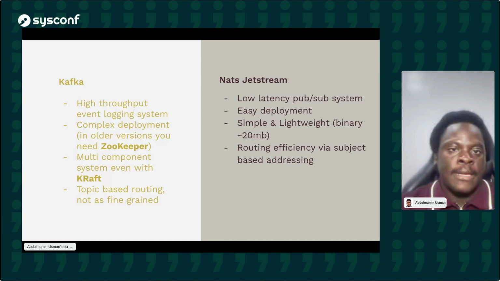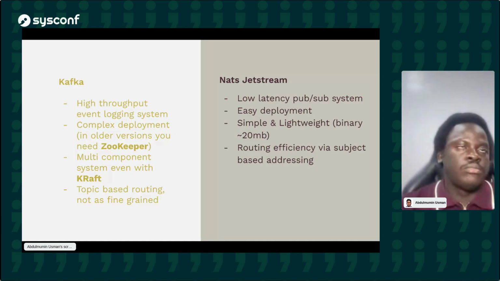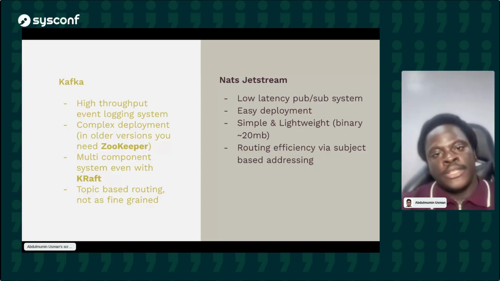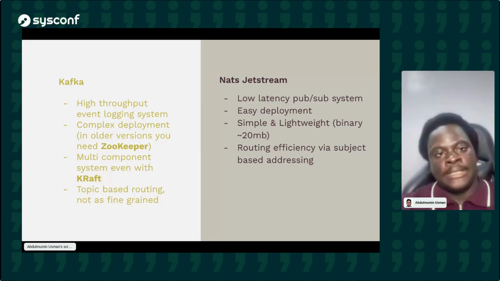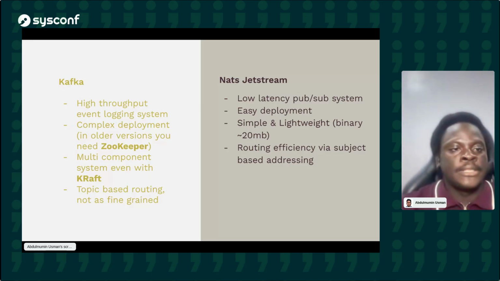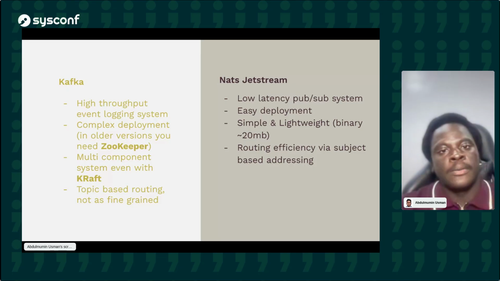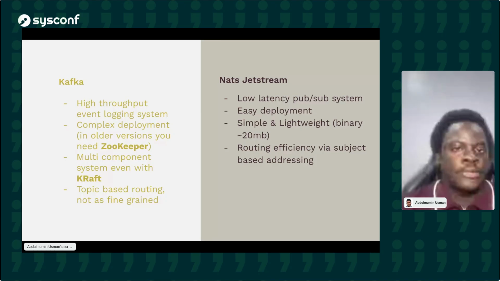For Kafka, deployment is generally complex, and in older versions, I think less than version three or so, you also need Zookeeper, which is another component for Kafka to be able to run.